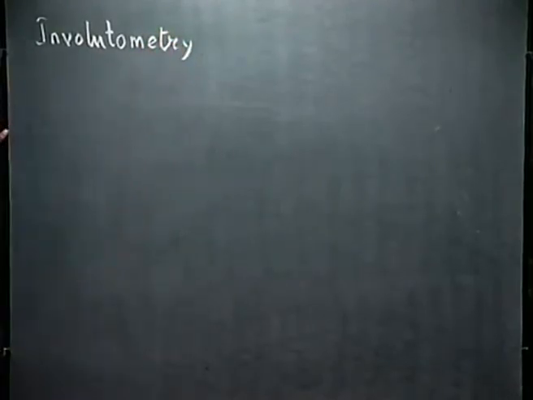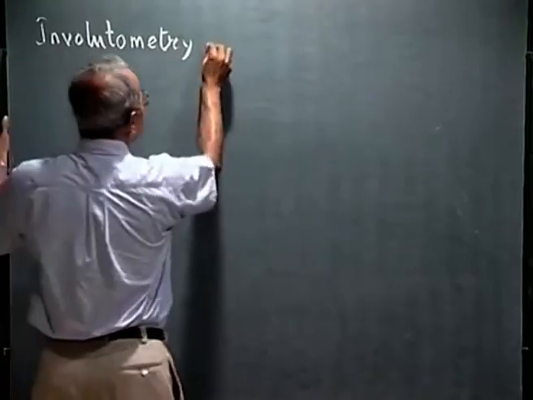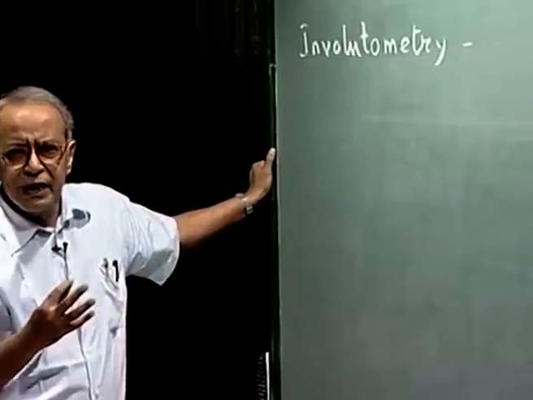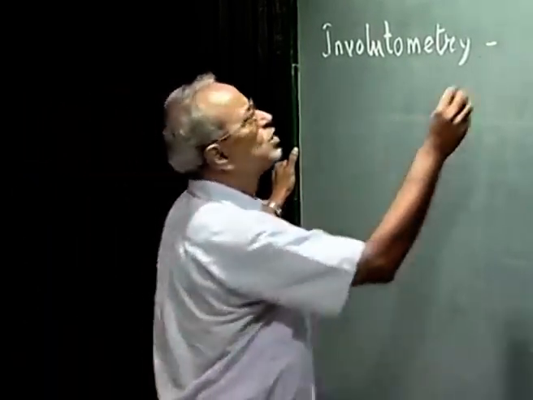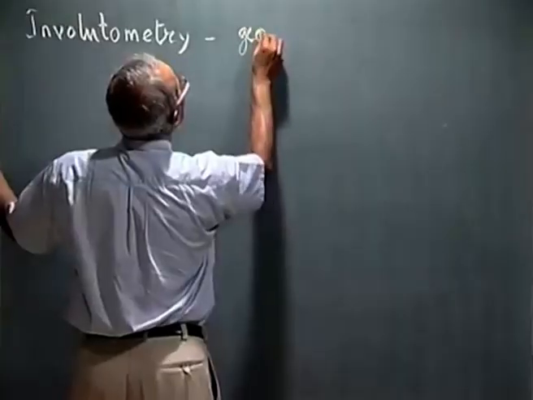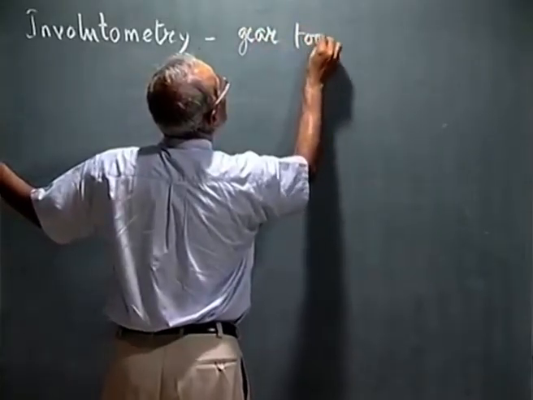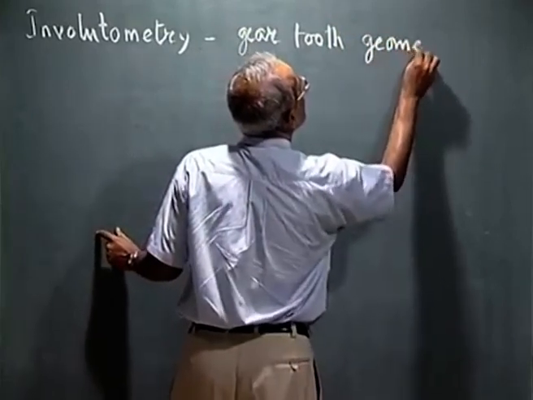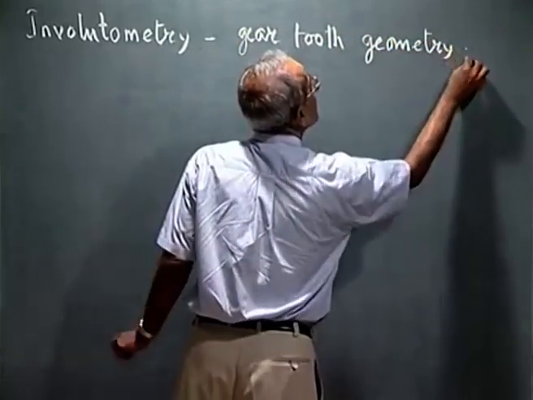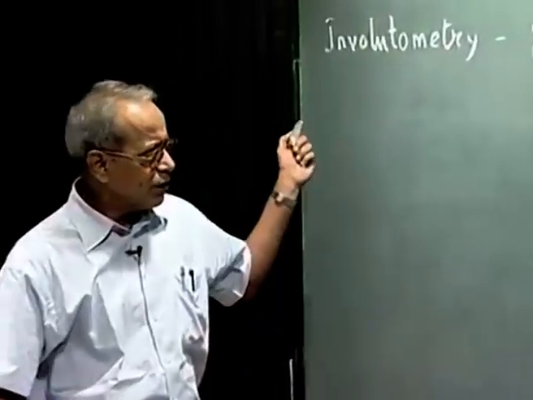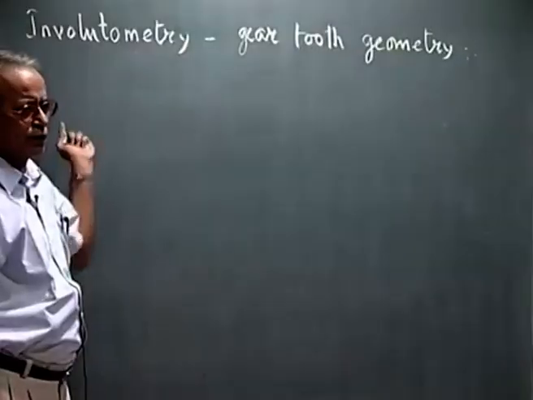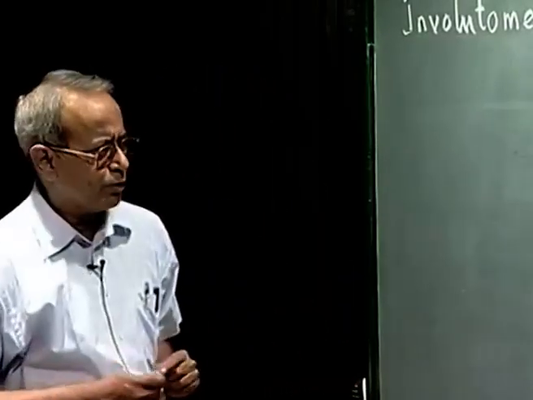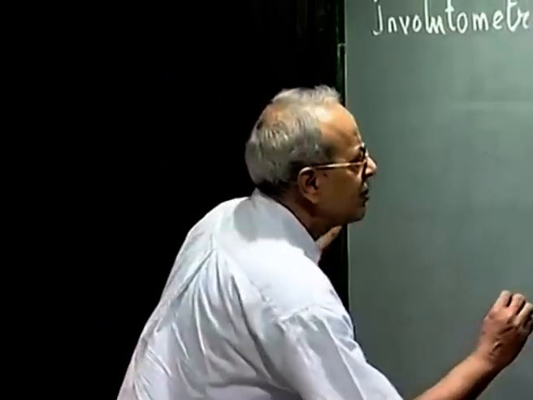The results that we will obtain from this involutometry will be very useful to determine various proportions of the gear teeth which are involutes. So, we can say application of involutometry in gear tooth geometry. I repeat, we will discuss of course only the very basics of this gear tooth geometry. You can always refer to handbooks for the details that you may like to know. So, let me first say what is involutometry.